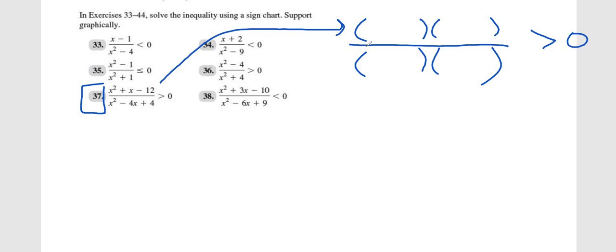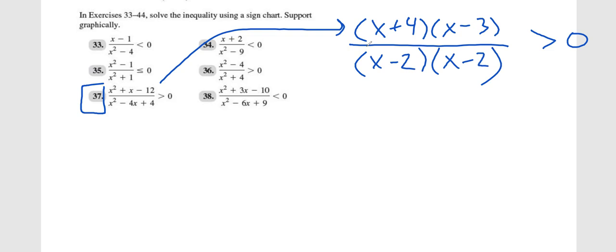Come on, what's that top factor into? x plus what? 4 and x minus 3. Good. What about the bottom? x minus 2, x minus 2?